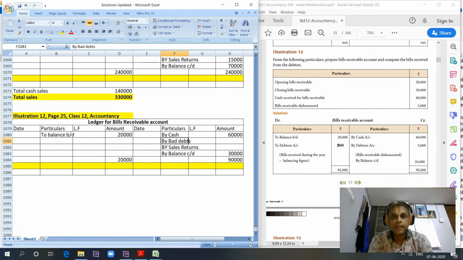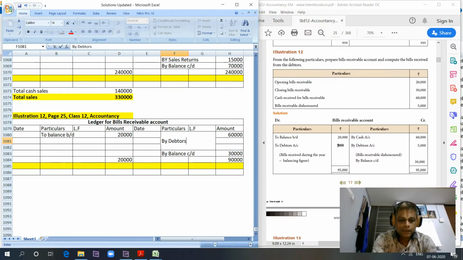So the entry for this will be sundry debtors account to bills receivable, by debtors within brackets bills dishonored. The amount is 5,000 rupees.